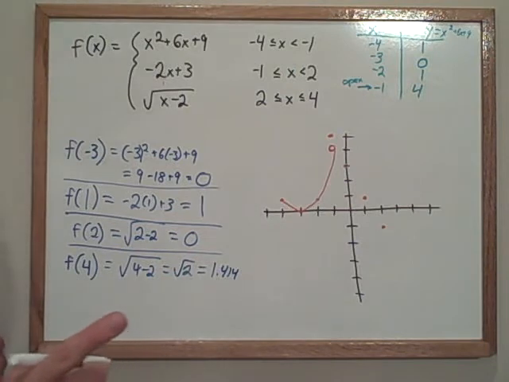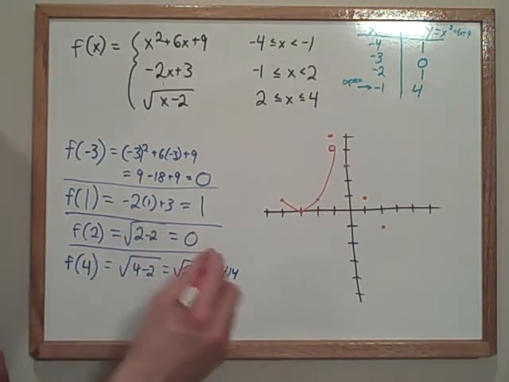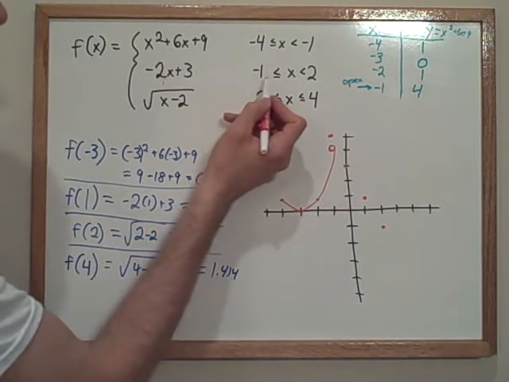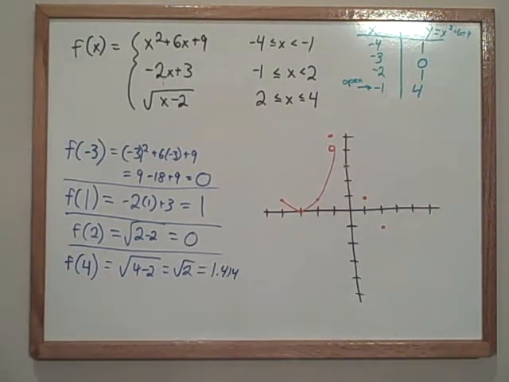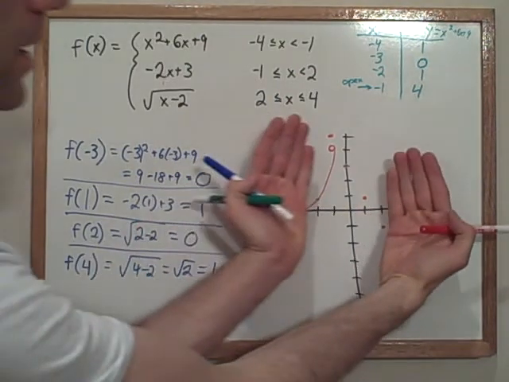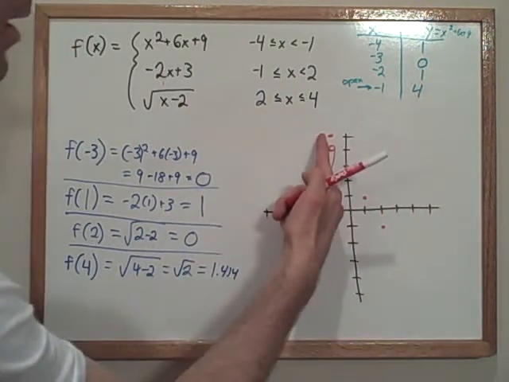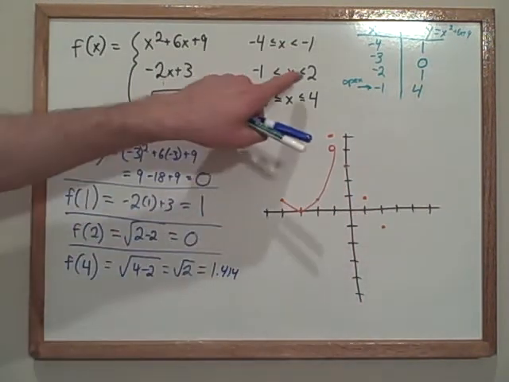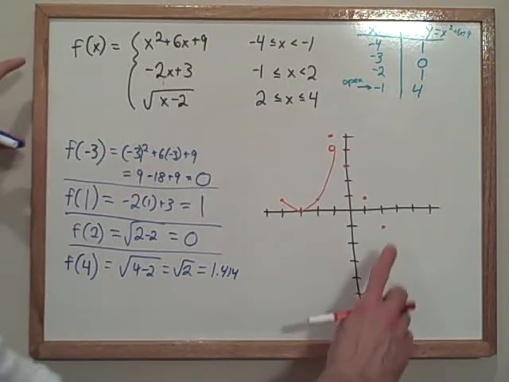Before I get carried away connecting these points though, I want you to realize that this function only exists between -1 and 2. Only here. From -1 to 2. But not including 2.